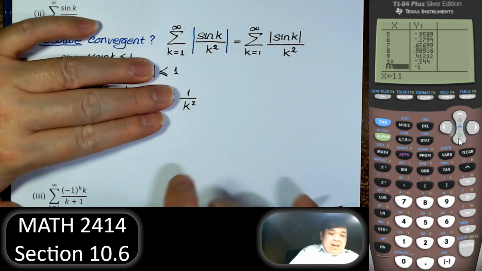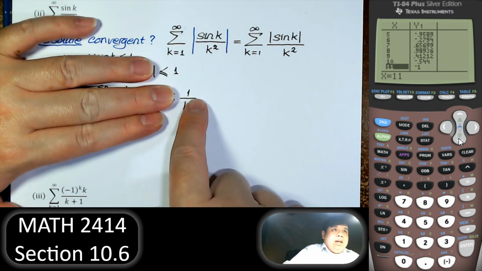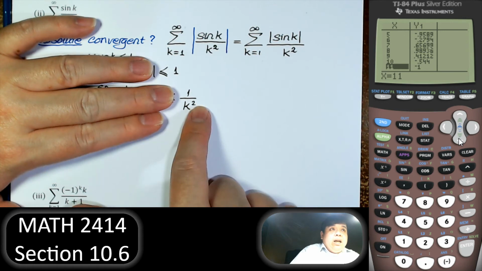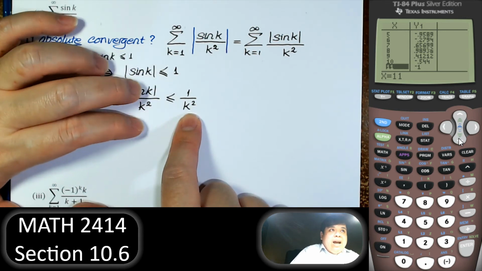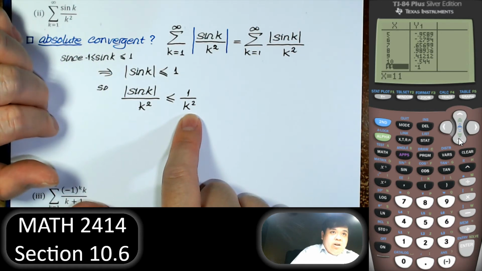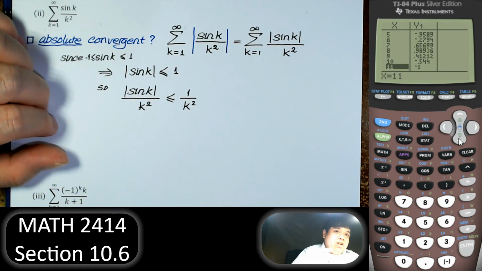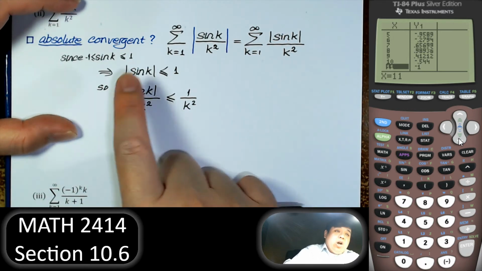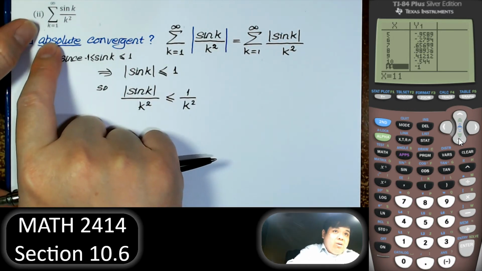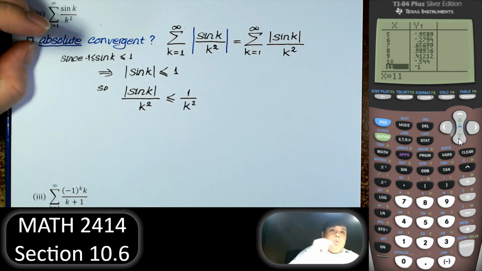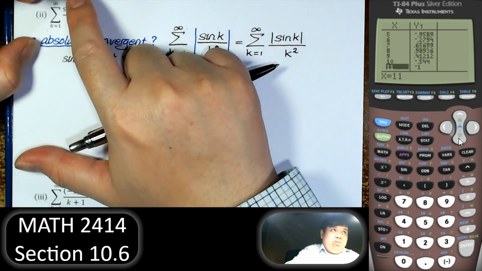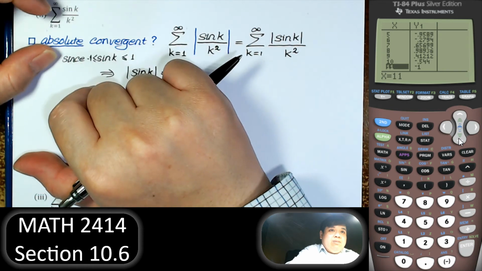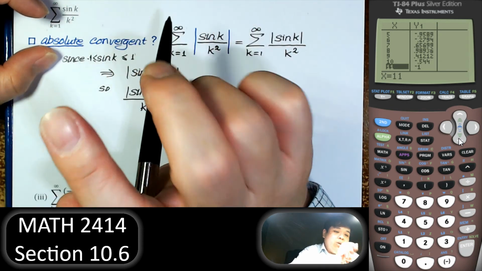Now, this series is a p-series where p equals 2. So this is convergent. Anything less than convergent is convergent. That is the direct comparison test. So convergent with absolute values means convergent without it. So the original one is convergent because it is convergent absolutely.